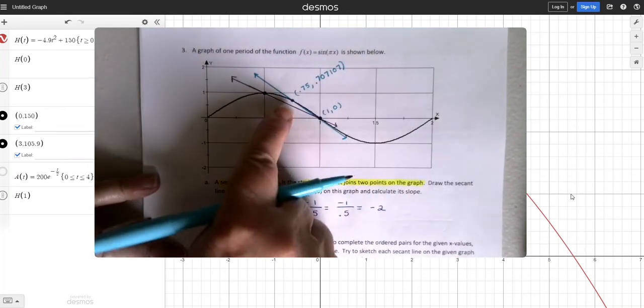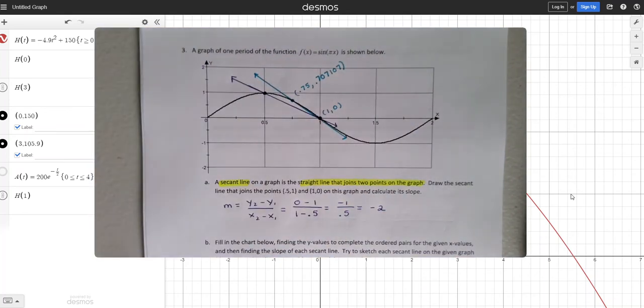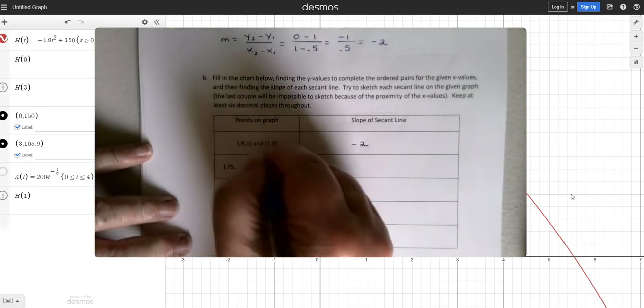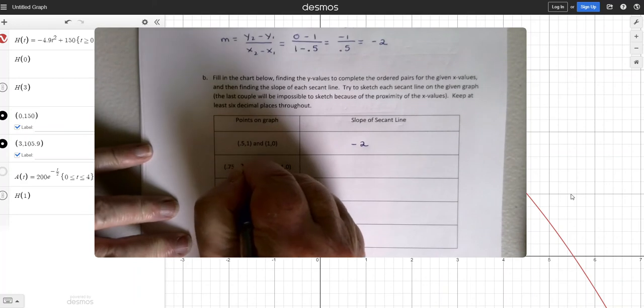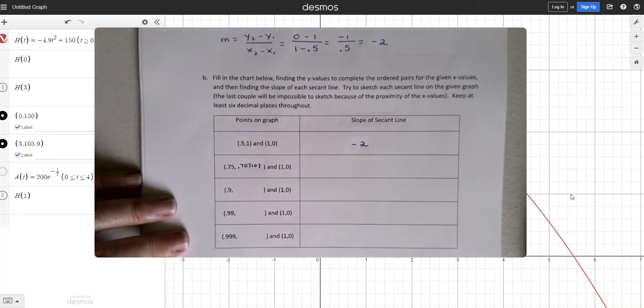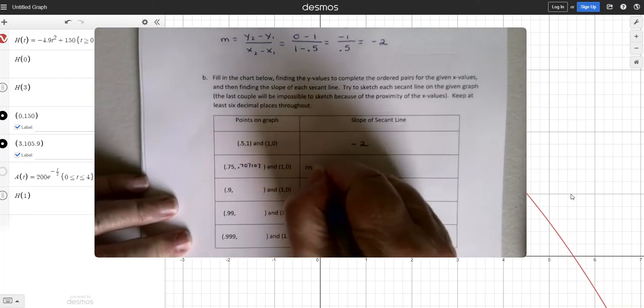It's getting really, really close to the curve itself, but you can see it's just slightly underneath it there. If I go ahead and try to calculate the slope of that secant line, I'm going to fill in my y value that I just calculated here, and then just do y2 minus y1 over x2 minus x1.